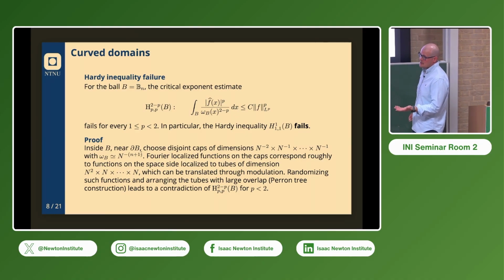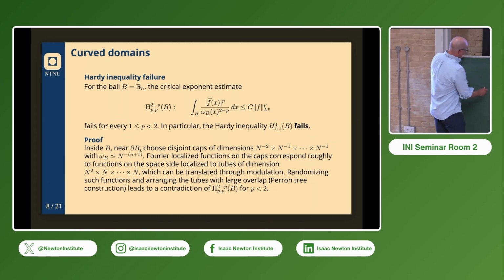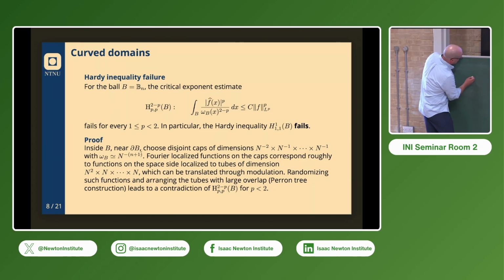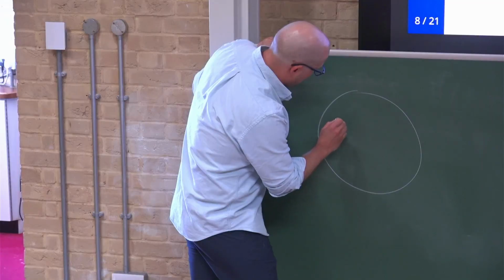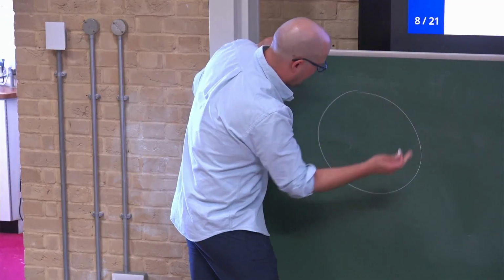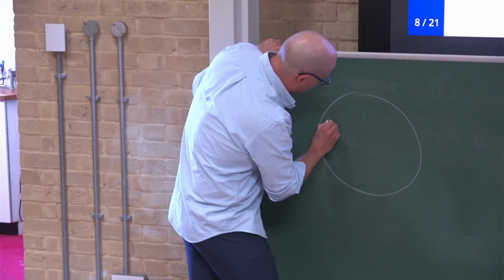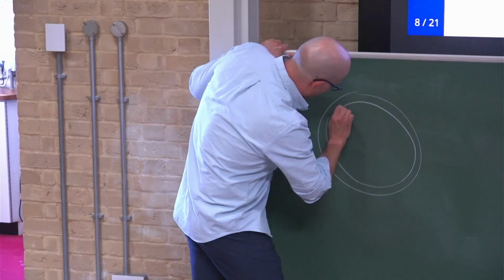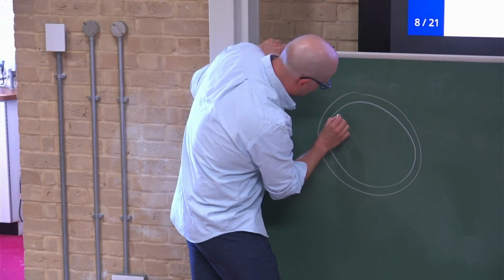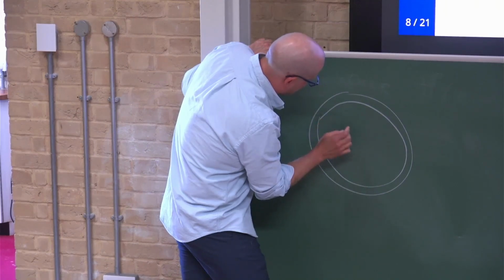So you would maybe expect things to be different, and indeed they are. In this case this kind of Hardy inequality does fail, and the proof follows a scheme from Kakeya-type sets, Besicovitch-type sets. What you do is look at a level set of the weight function. The weight function is a power of a distance, like you said. But you should look at a specific level set that respects the geometry.